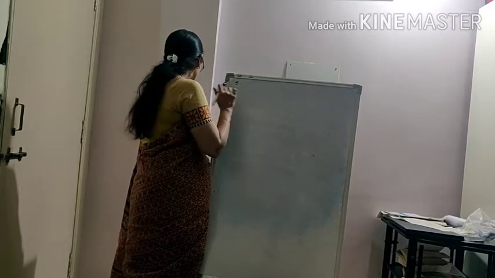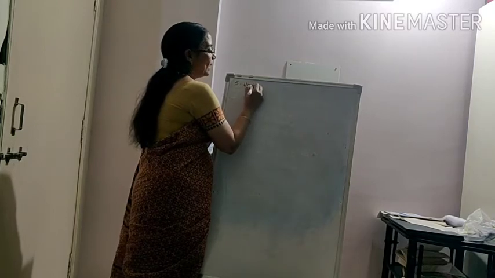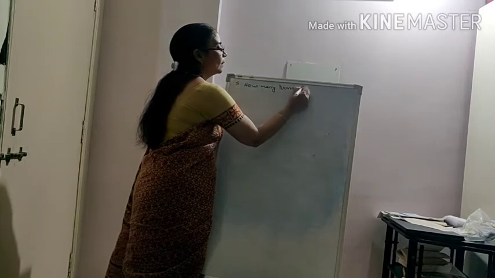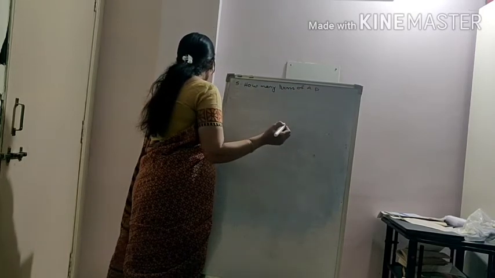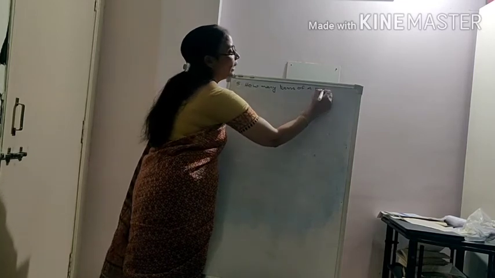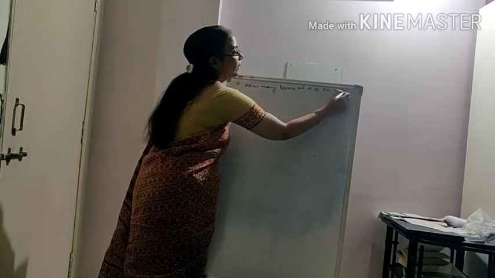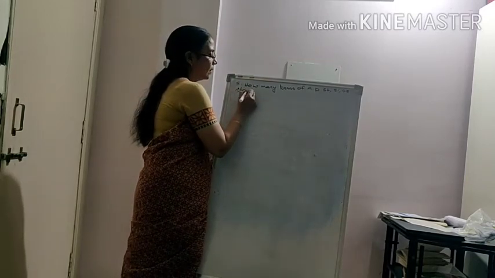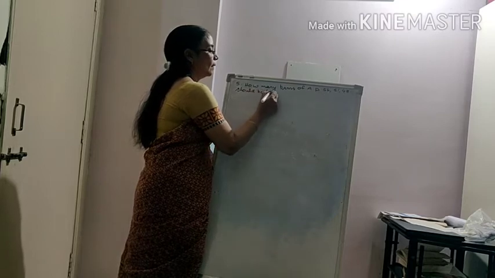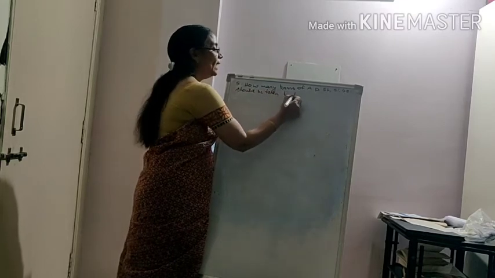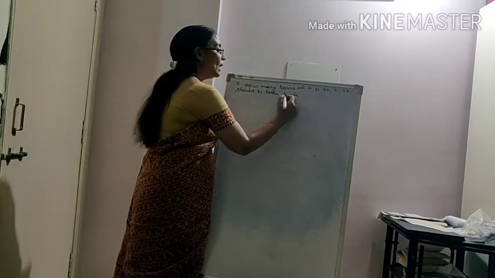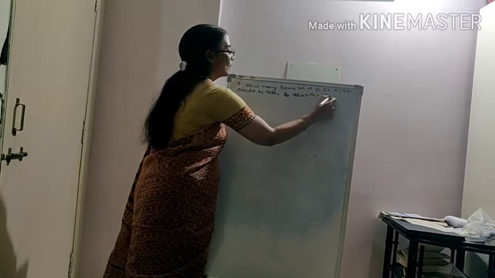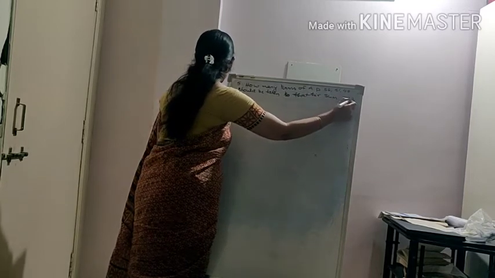He is saying, how many terms of the AP 54, 51, 48 and so on should be taken so that their sum is 513.